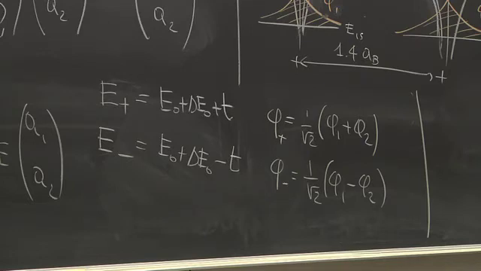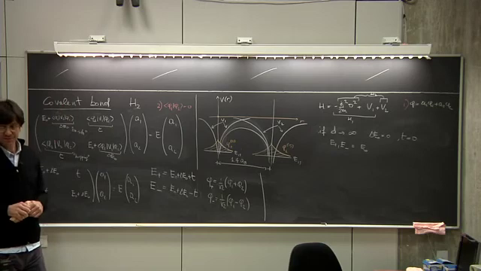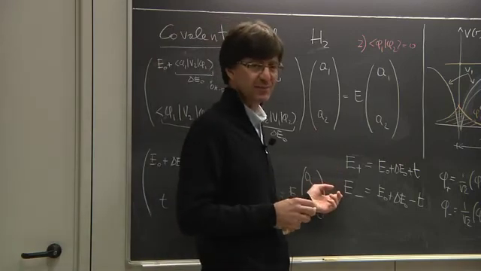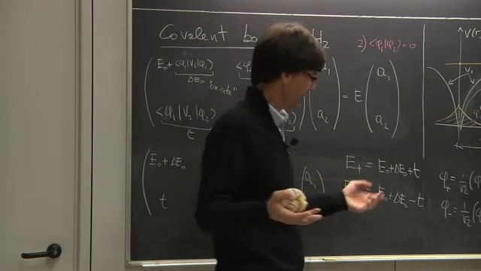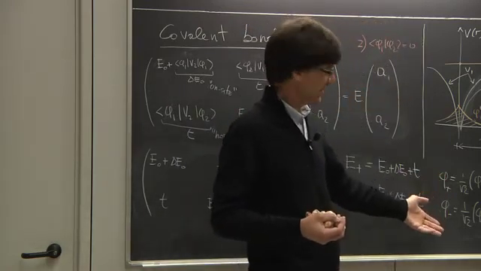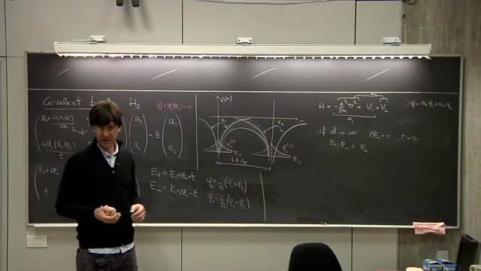If the energies E plus and E minus are the same, you have psi plus and psi minus, right? And then what can I do if E plus and E minus are the same? A superposition of psi plus and psi minus. Perfect. So if the two eigenstates are degenerate, I can build any linear combination I want out of the eigenfunctions.